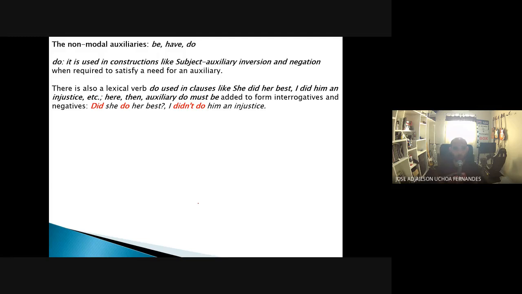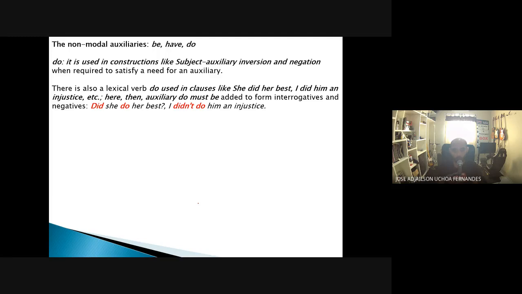So do is used in constructions like subject and auxiliary inversion and negation when required to satisfy a need for an auxiliary, especially in the present tense. Of course, we have its past version, did.